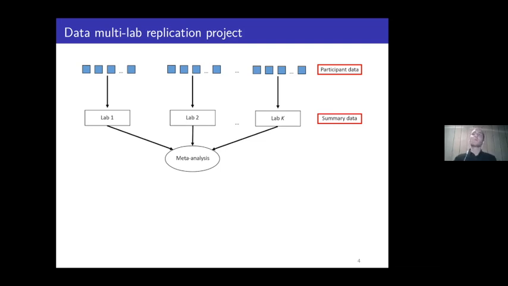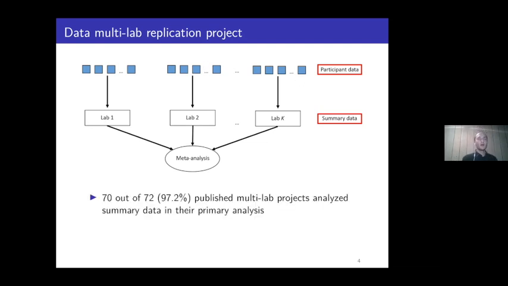Therefore, this offers an opportunity to directly analyze all the data of all the labs together by using the participant data rather than the summary data. If we look at the 72 multi-lab replication projects that I showed on the previous slide, 97.2% of them used summary data, which is suboptimal if participant data is available.